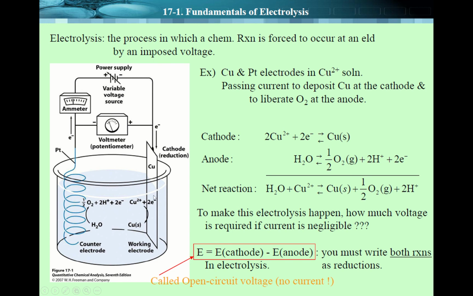So at the interface, the electrons are used to reduce the copper ion. In the meantime, these electrons are supplied from the water oxidation here. So this is the electron flow direction. And current flow direction, current always comes from the positive terminal. This current flows like that. Don't be confused.